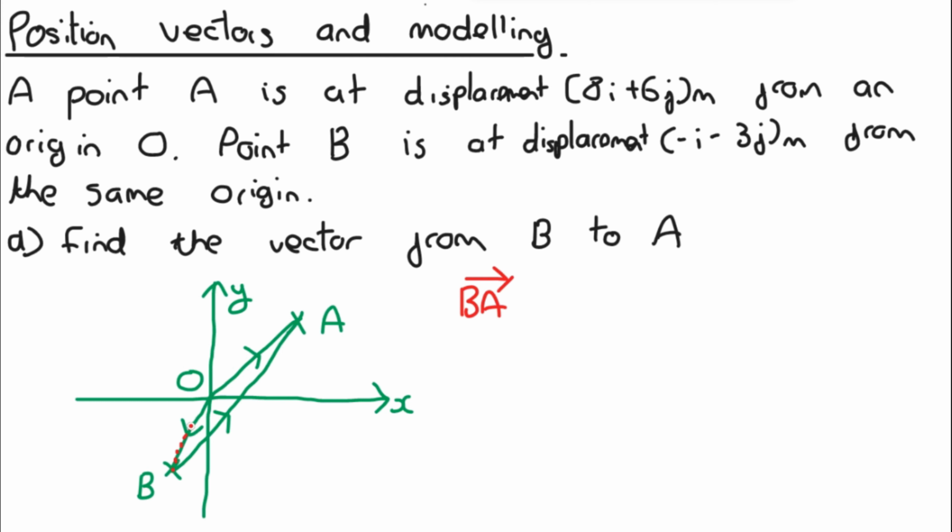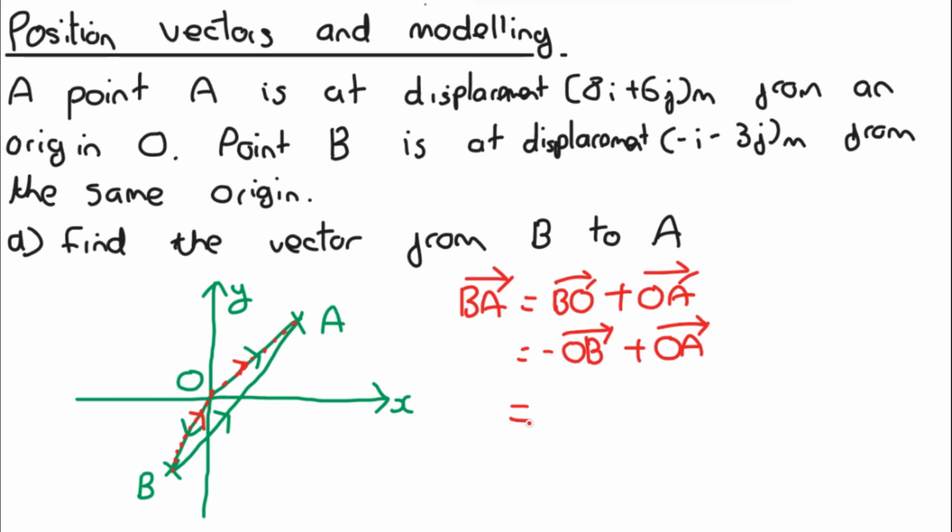So we need to first of all do this in this direction, so it's going to be BO, and then it's going to be plus OA. This is fine, this is in the right direction, but this is in the wrong direction, so it's going to be minus OB plus OA.